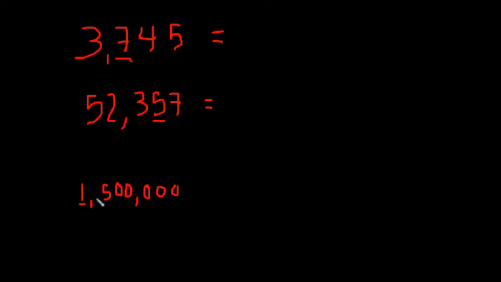If we notice here, we are reading the number that has place value. At this time, there is no value for ones, tens, hundreds, thousands, 10,000, just for 100,000 and 1,000,000. So when we read the number, we say 1,500,000, and that's it.